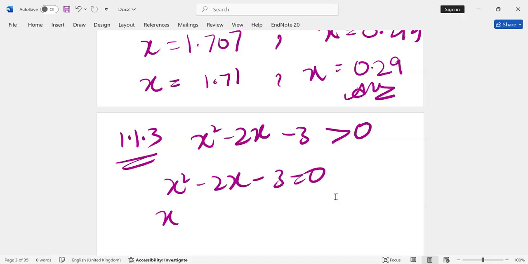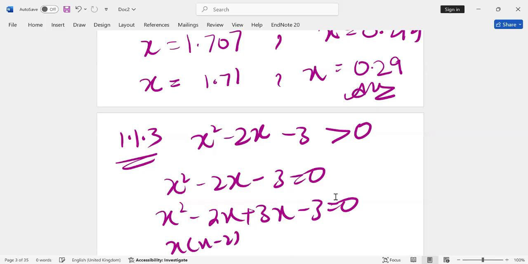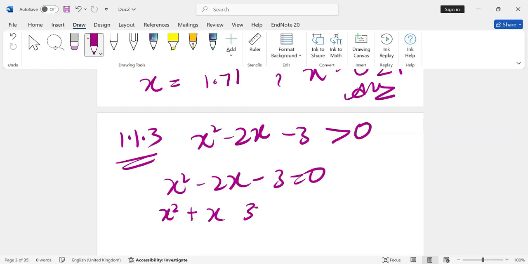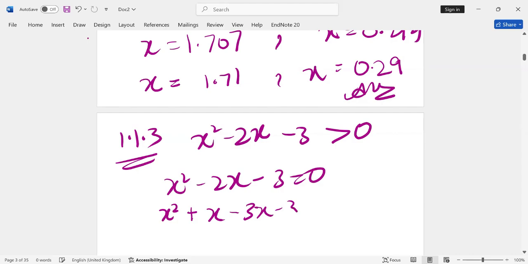We have x squared plus x minus 3x minus 3 equals to 0.